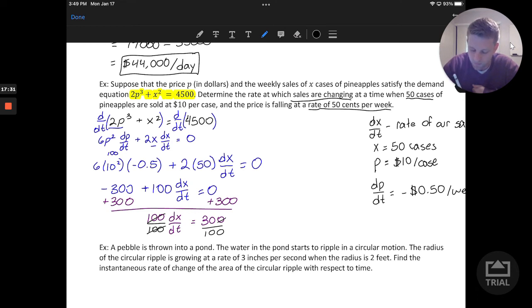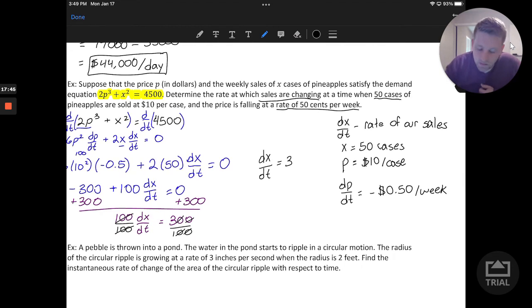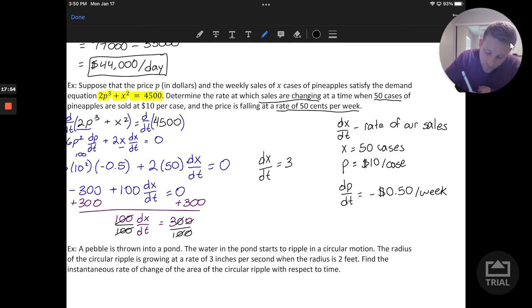Canceling those out, we'll have some zeros canceling here and dx/dt here. We'll simplify down to just 3. And here, notice that this is the rate of change of sales. And so sales is measured in cases per week there. So that rate of change would be an increase of 3 cases per week.